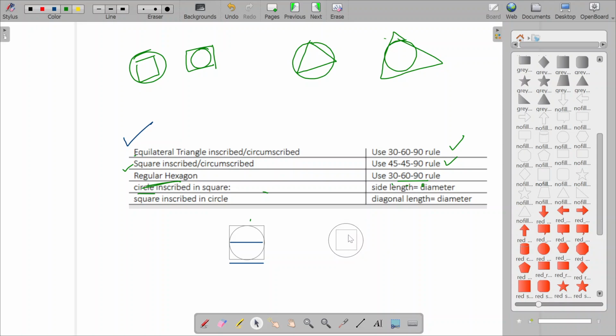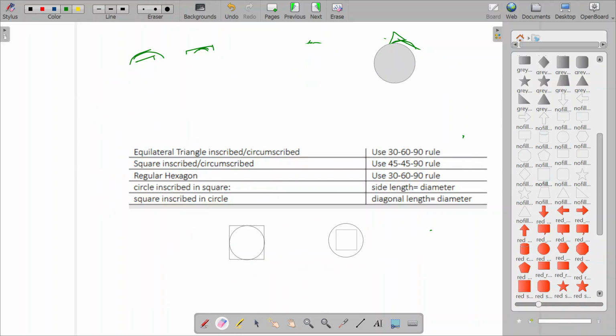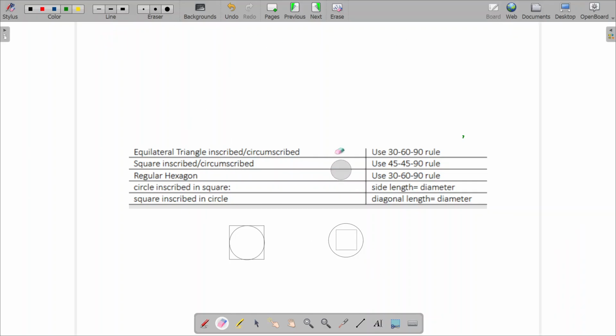If you draw a diagonal, it is nothing but the diameter of the circle, with each corner connected to points of the circle. These are the basic concepts. Please take a screenshot because this is going to help you for sure, or note it down somewhere: when to use 30 60 90 and when to use 45 45 90.